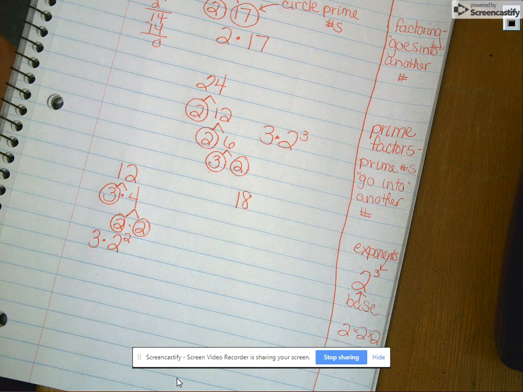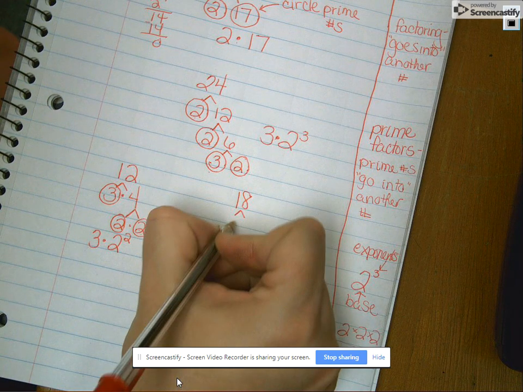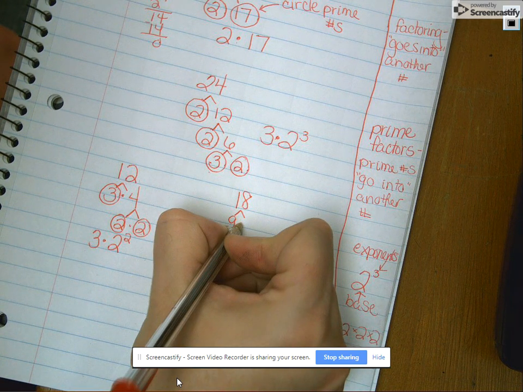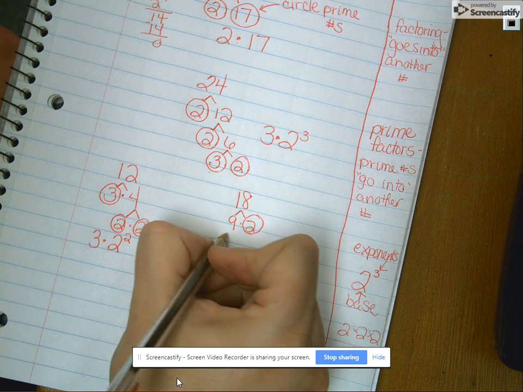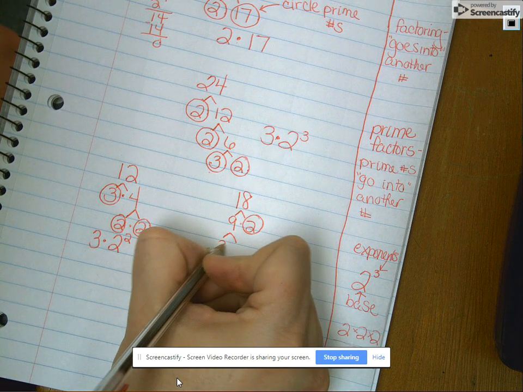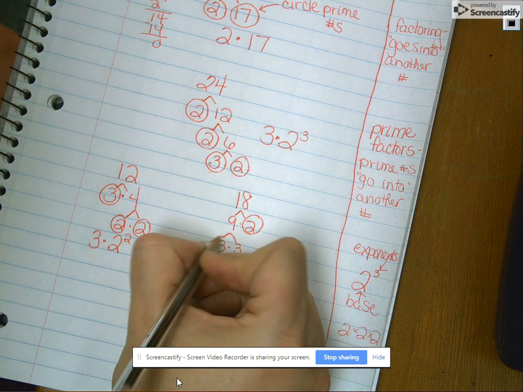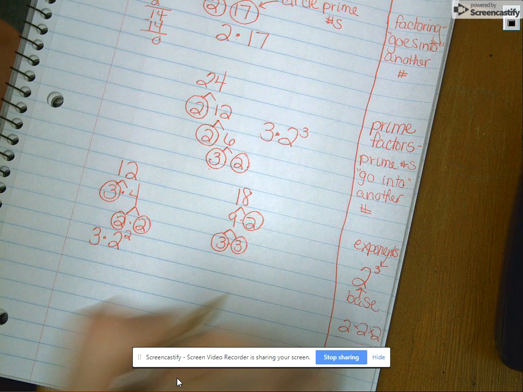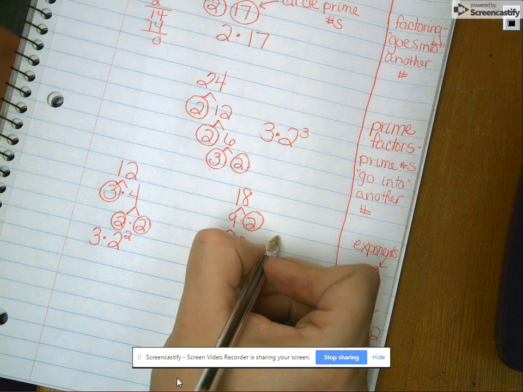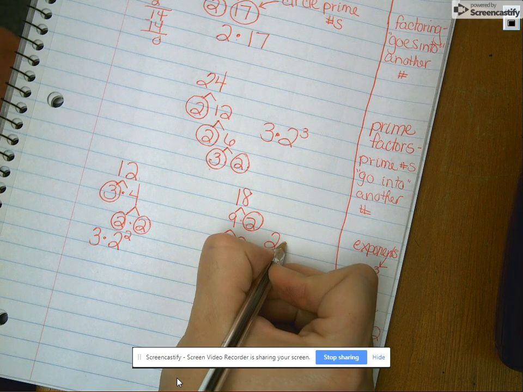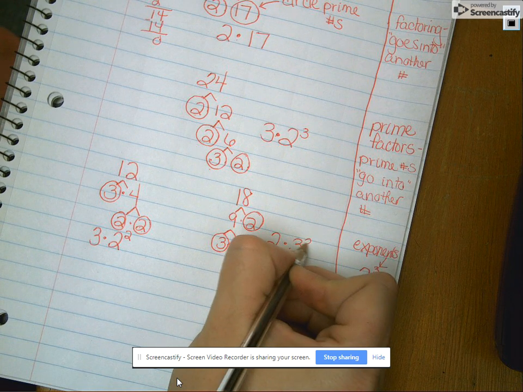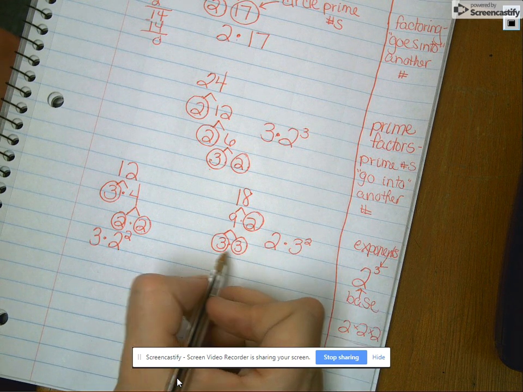Okay, so 18 is 9 times 2. Circle the 2. And 9 is 3 times 3. The 3's are circled because they're prime. So my answer is 2 times 3 to the second because there's 2 3's.